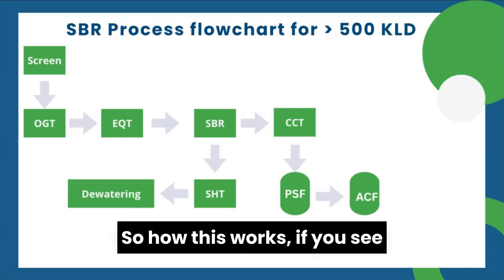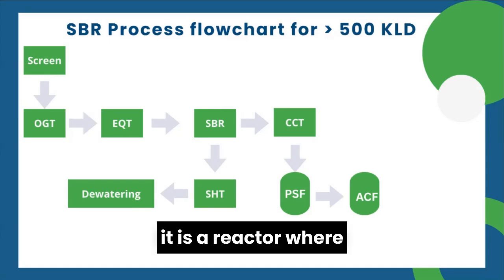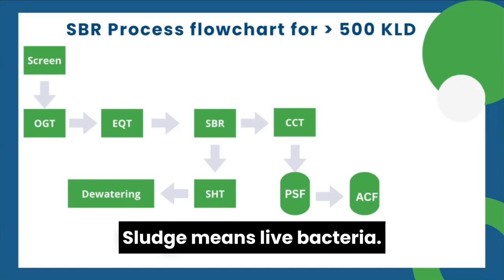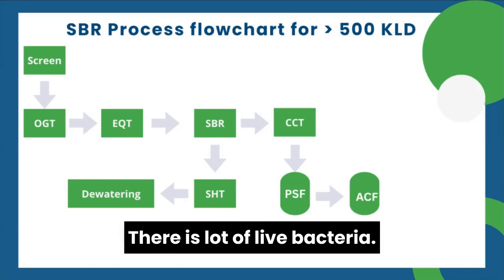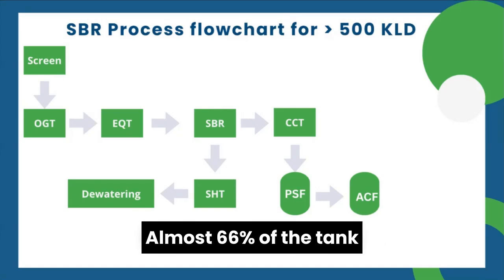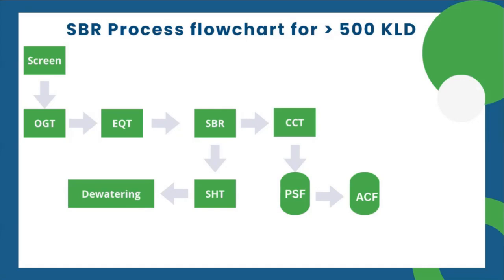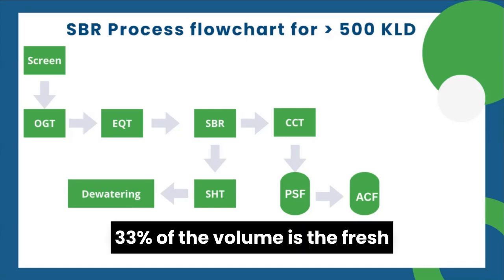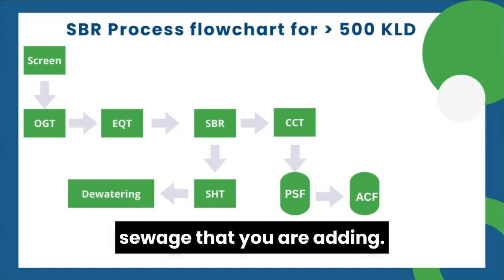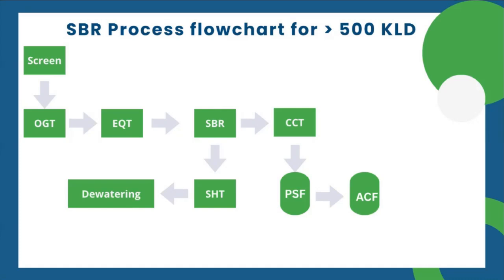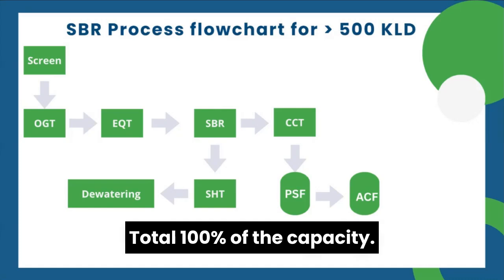So how this works, it is a reactor where there is a lot of sludge. Sludge means live bacteria. Almost 66% of the tank has live bacteria. 33% of the volume is the fresh sewage that you are adding, right? Total 100% of the capacity.